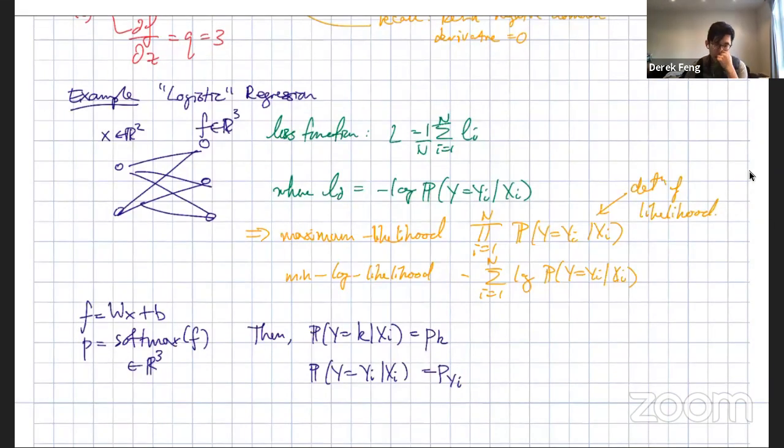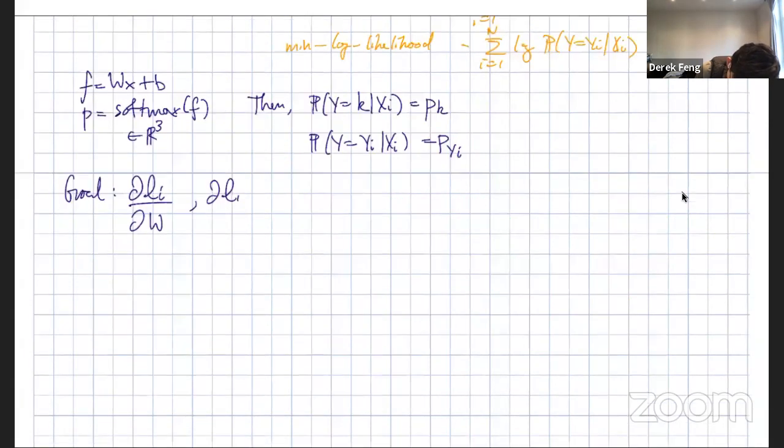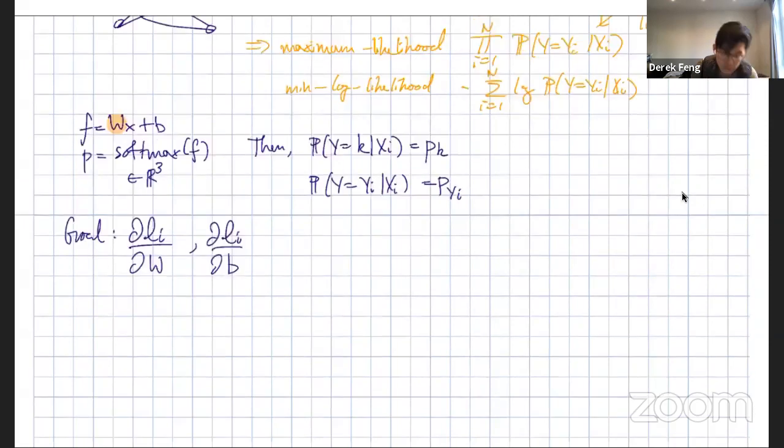So let us keep going. What are we doing? The goal is to calculate dLi over dW and dLi over db. These are the two parameters that we have.